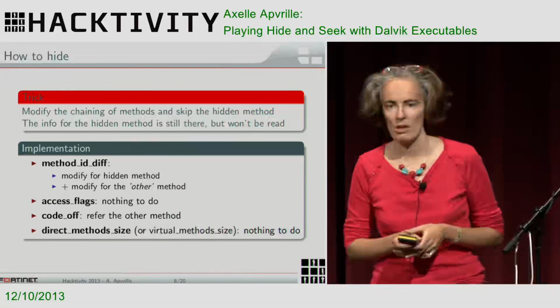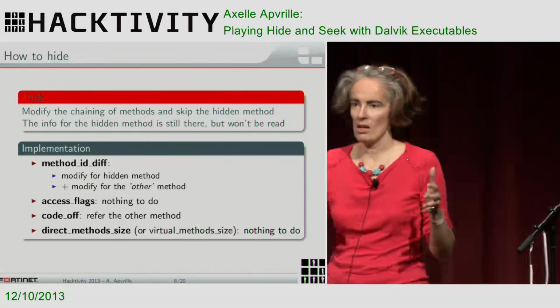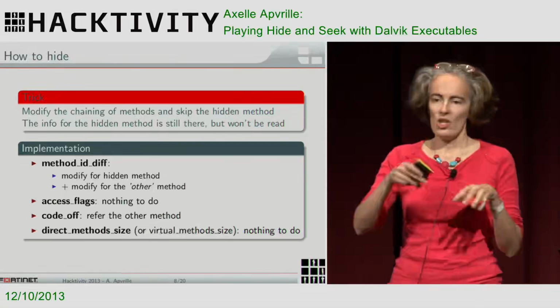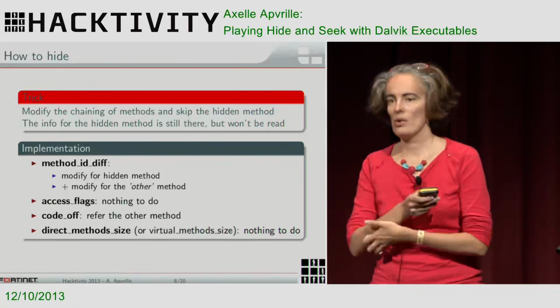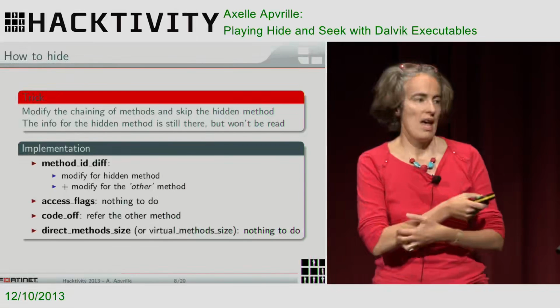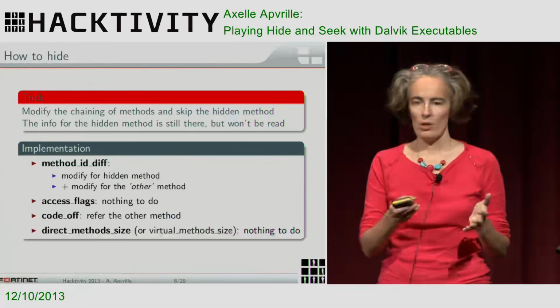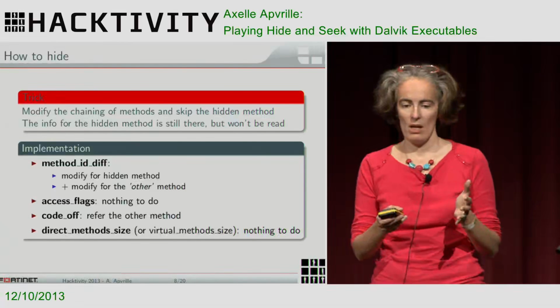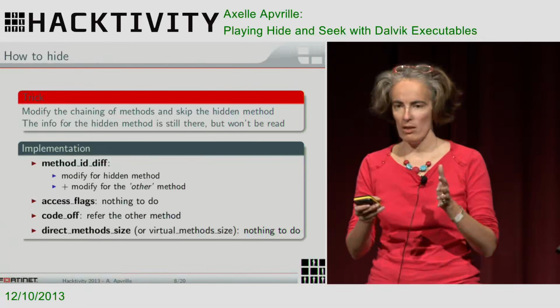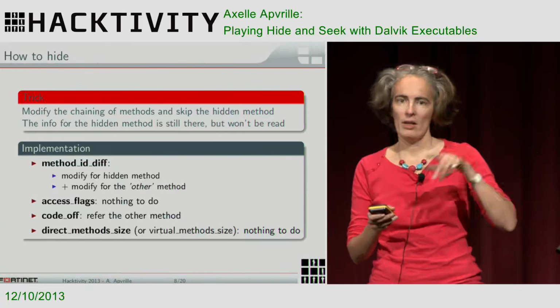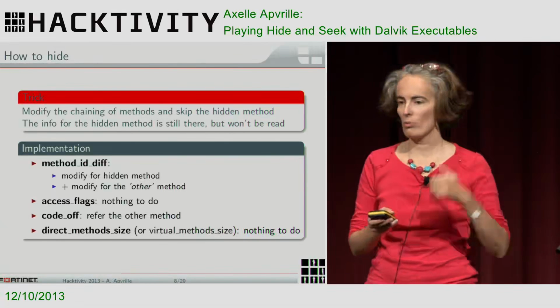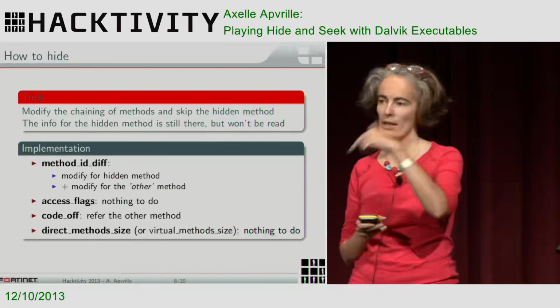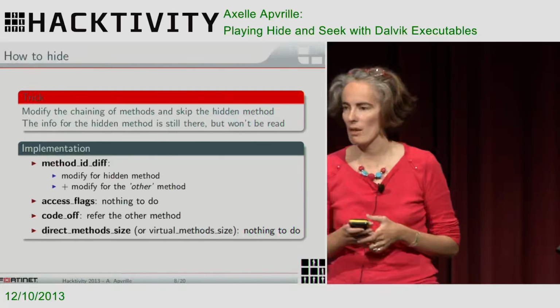Now the trick. What's the trick about? It's just about rechaining the methods that you see in the DEX class. For the hidden method, we are going to point twice to the previous method or twice, for instance, to the next method.